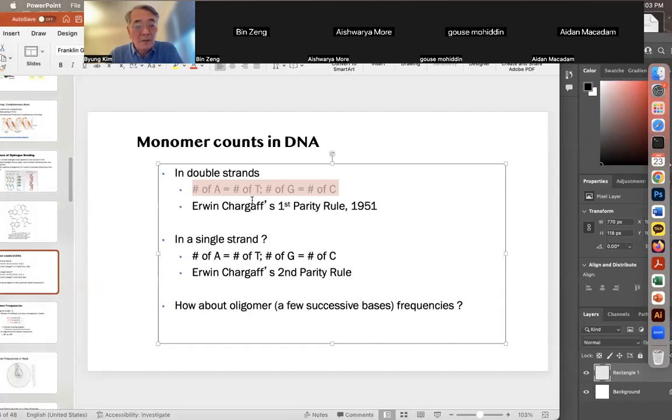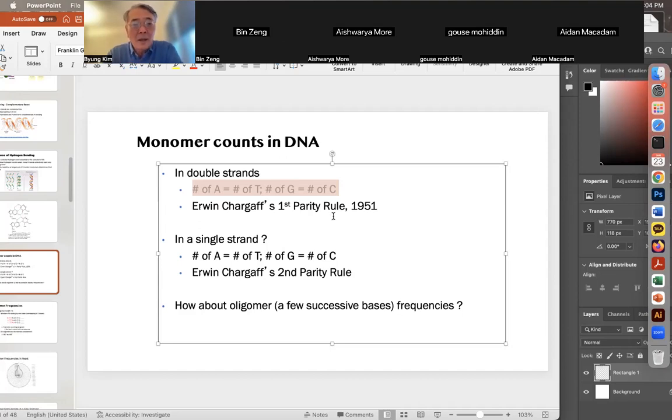And he actually verified them by physical counting of the nucleotides A, T, C and G already in 1951, but he couldn't put it together into the helix form structure. So this is called Chargaff's first parity rule.